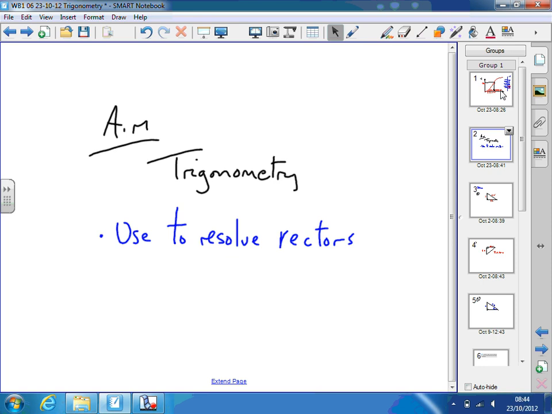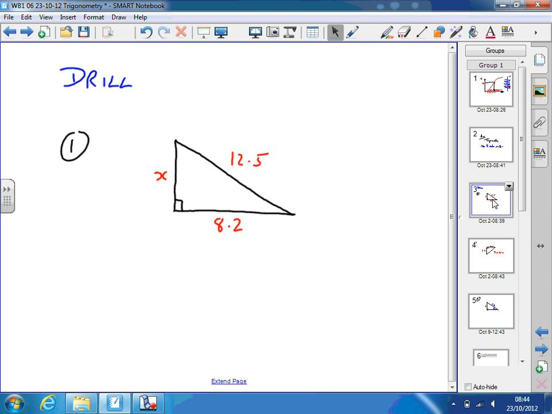But before we start that, I want a short introductory drill to find out what we know already about right angle triangles. Calculators are allowed in this little drill. Only 3 questions. I'm not going to collect this one in. It's by way of introduction. So the first question, there's a right angle triangle.